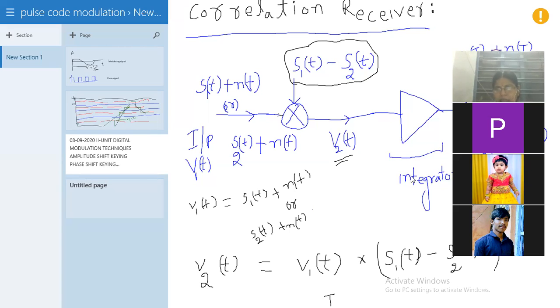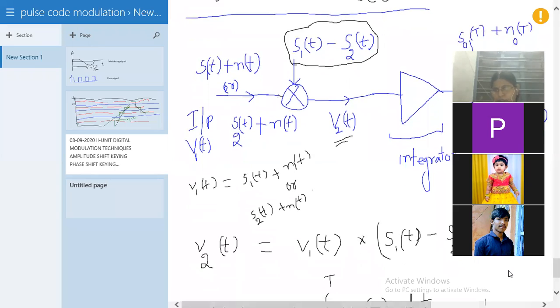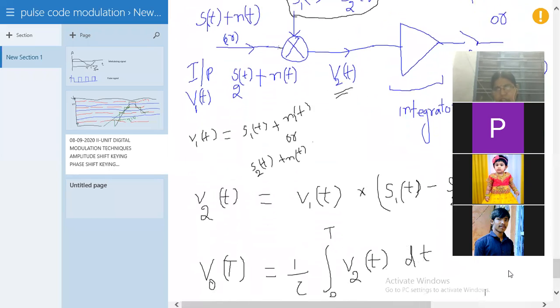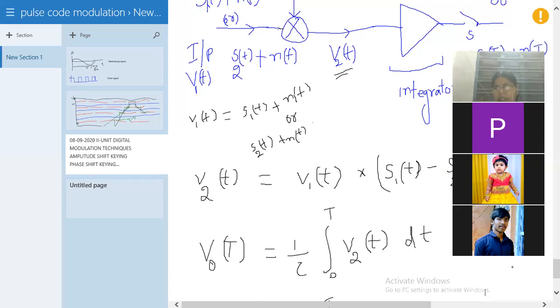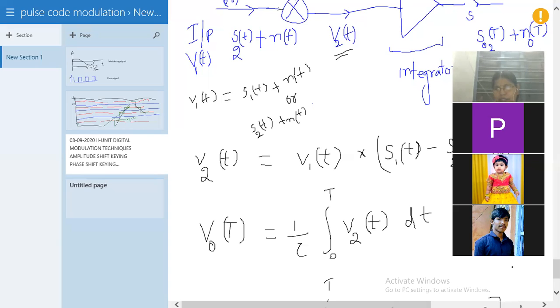The integrator integrates the signal V2 of t over the bit duration. Generally in this chapter the bit duration is given as 0 to T. T indicates the bit duration. V0 of t is the output voltage of the integrator.